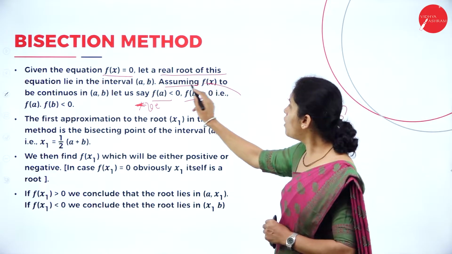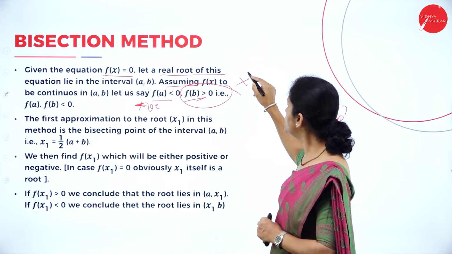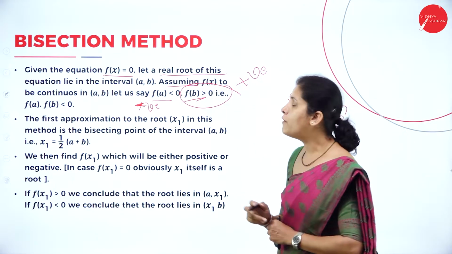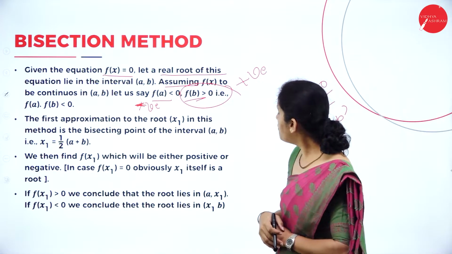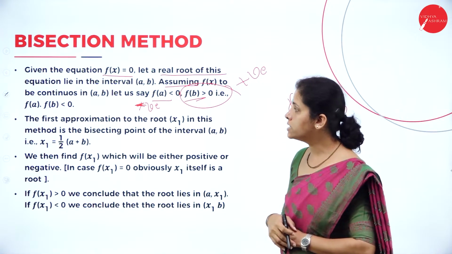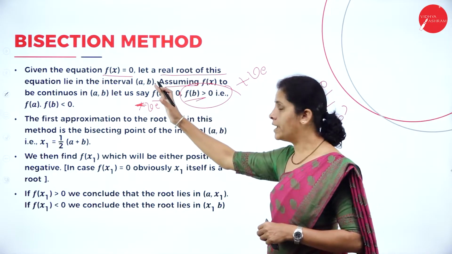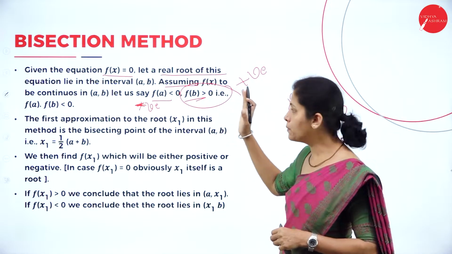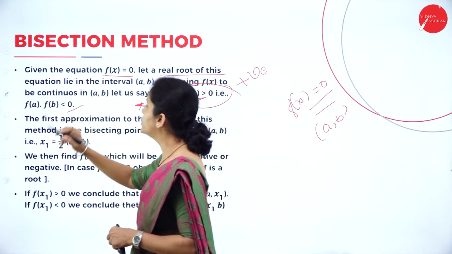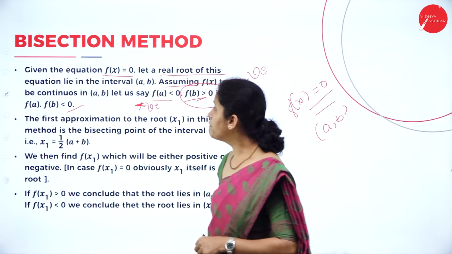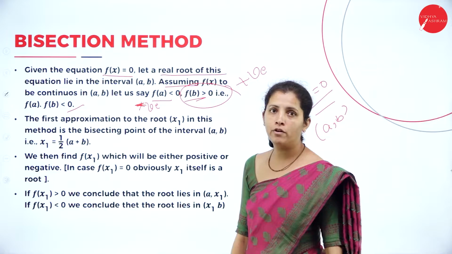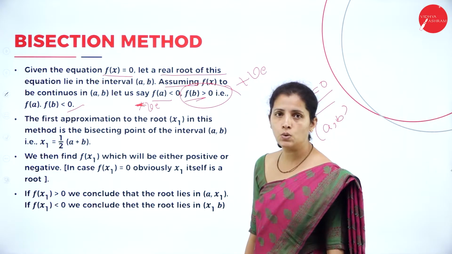That means all the positive values fall under f(b) > 0. When I multiply f(a) with f(b), I'm going to get a negative number. So f(a) times f(b) < 0.